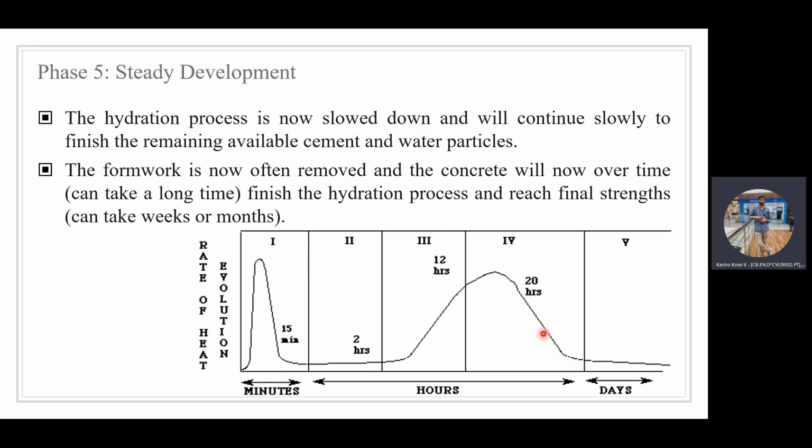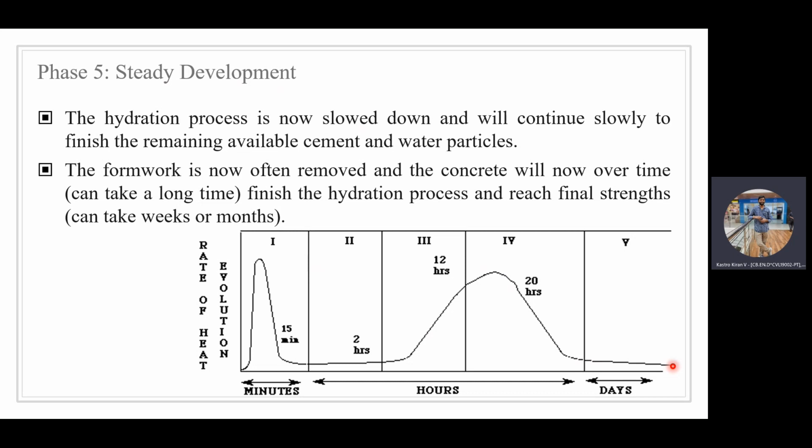Because of this, there won't be any change in the strength or in the heat evolution process. That's why it will be a steady state. And this is how the different phases are involved in the hydration reaction, or the hydration process.